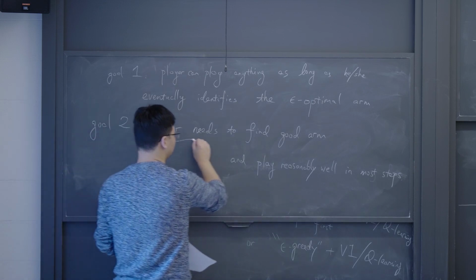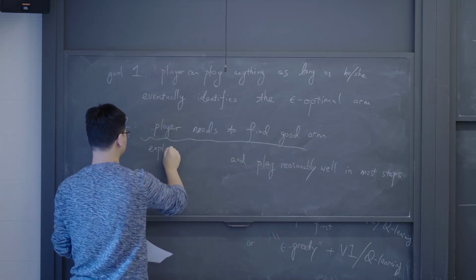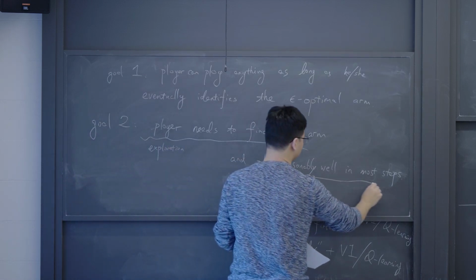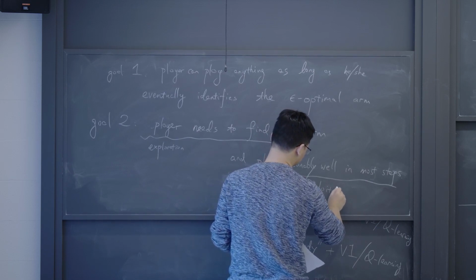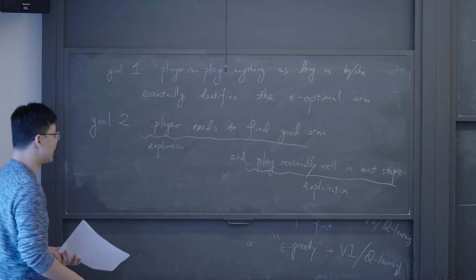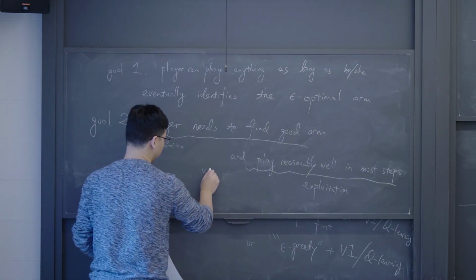So you can think this is what we want to do in exploration, and this is what we do in exploitation. So the goal of regret actually naturally reflects the trade-off between exploration versus exploitation.